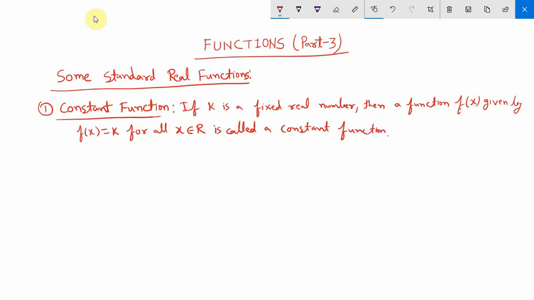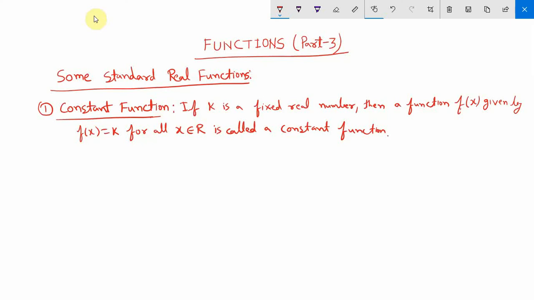Okay. So if we try to represent this constant function on a graph, how can we represent it? In this, the function f(x) will have a constant value k. So based on the value of k, it will be parallel to the x axis.